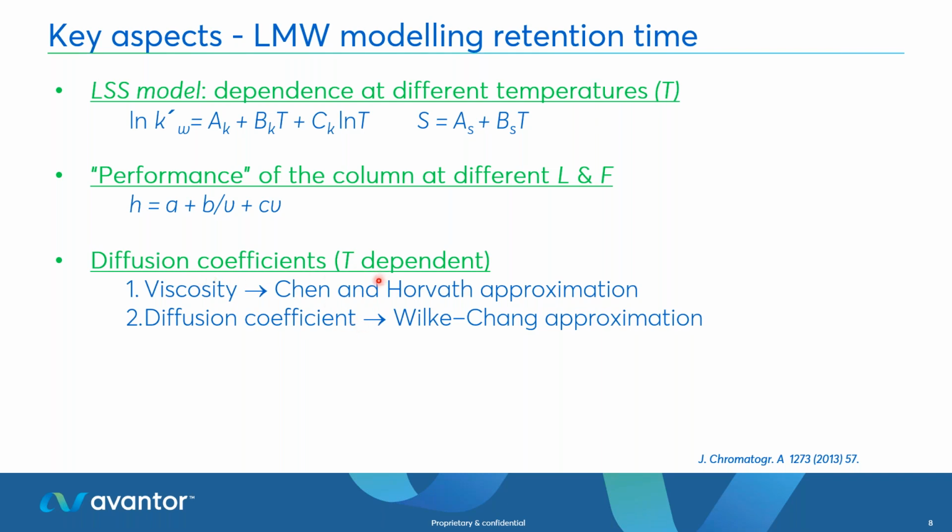And again, because we're changing that temperature environment, we also wanted to integrate the diffusion coefficients, which have a dependency on temperature. And we wanted to capture the mass transfer kinetics between the solutes, the stationary phase, and the mobile phase. So the Wilke-Chang approximation was really good. And again, I just highlight a paper for further reading.